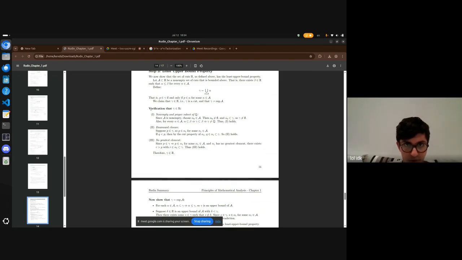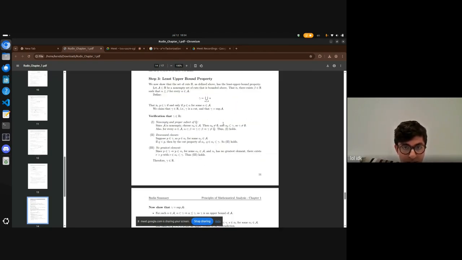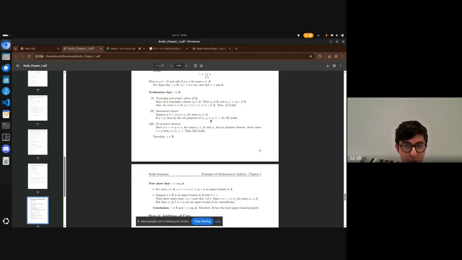We show the three properties of R, starting with non-empty and proper subset of Q. Since the set is non-empty, choose A naught in it, then A naught is not empty, and A naught is in gamma, so gamma is not empty. So that means there's always something in gamma. And for every A in the set, A is a subset of B, so gamma is a subset of B, so gamma is not equal to Q. And downward closure: suppose p is in gamma and p is in A1 for some A1 in the set.